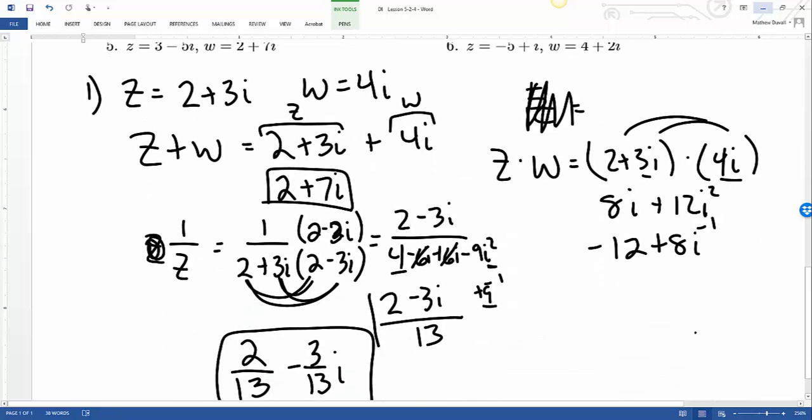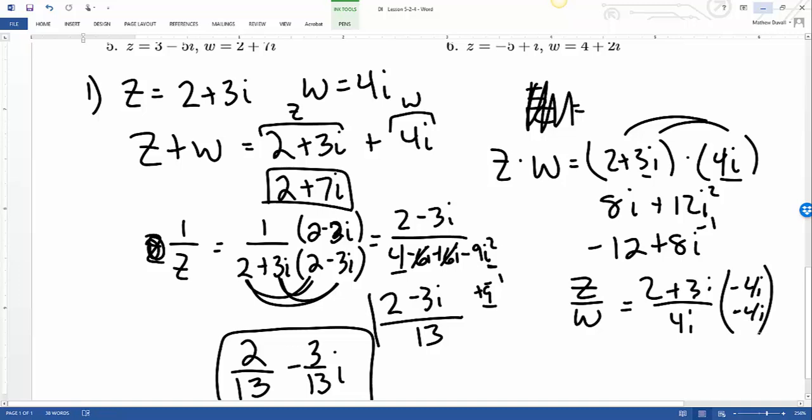z over w. So z over w. So you need to multiply by the conjugate. So and then minus 12i squared.